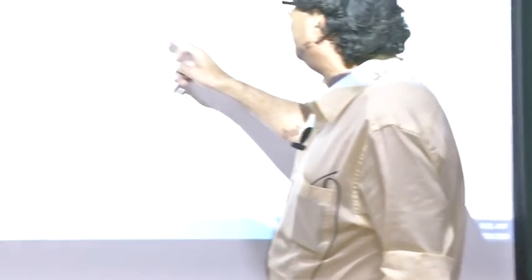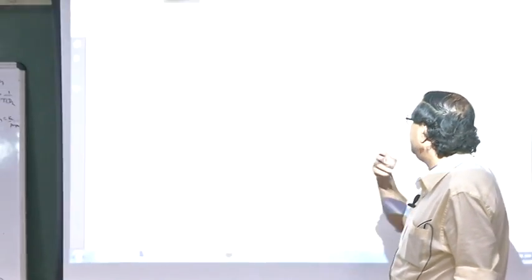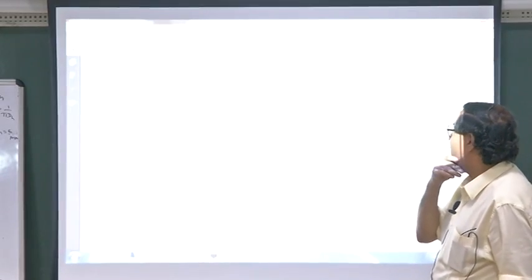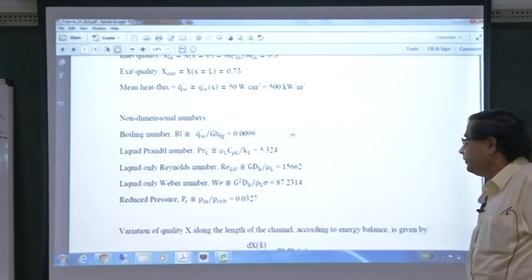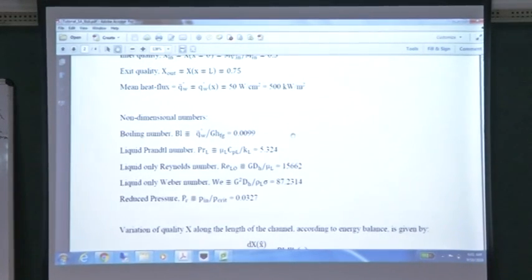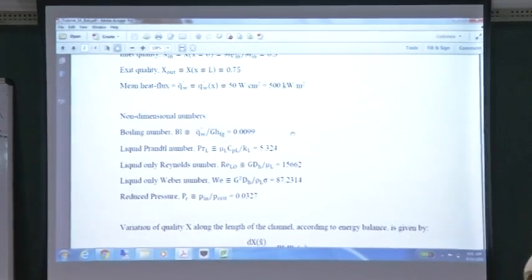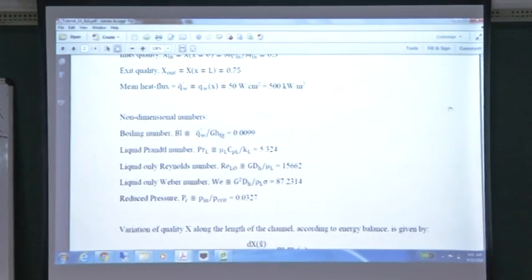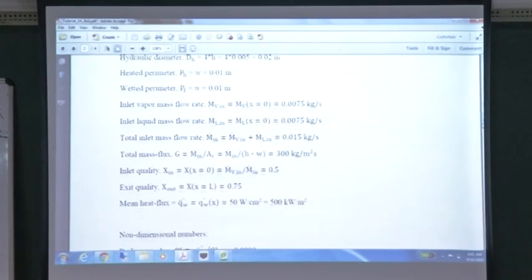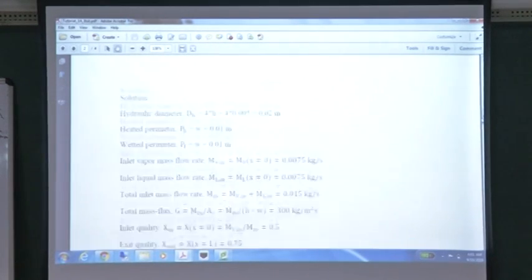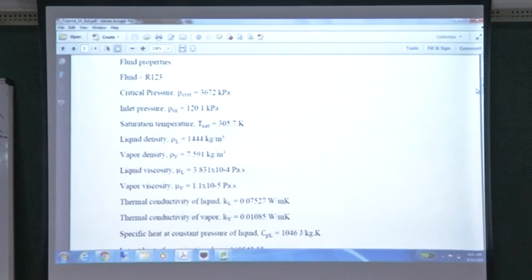So here we compute the boiling number, we compute the Prandtl number, we compute the liquid-only Reynolds number, which is defined as G dH by mu liquid, the Weber number, and the reduced pressure. With that, we have all the information we need to use the Nusselt number for flow boiling for given heat flux. All these were the properties for R123.